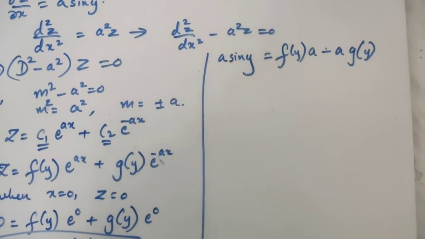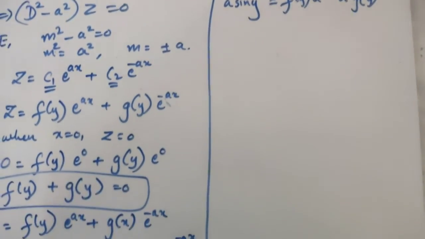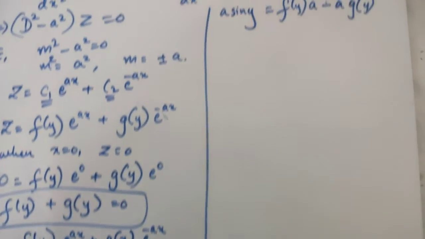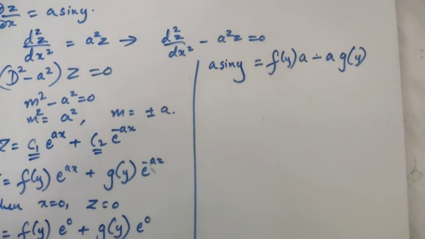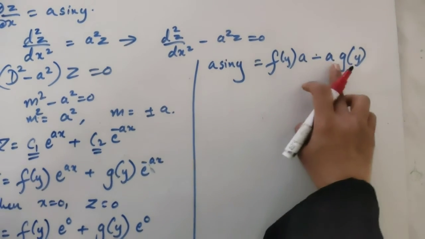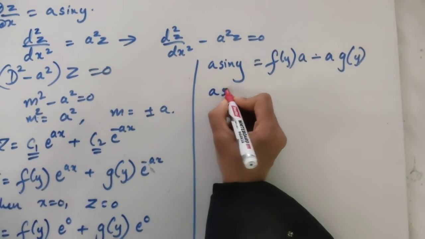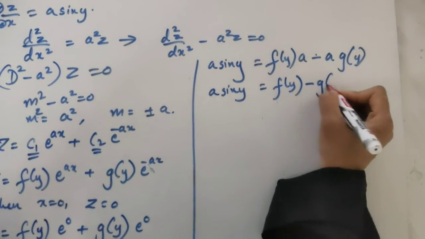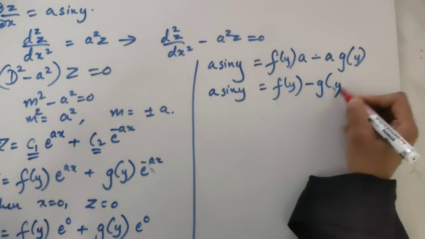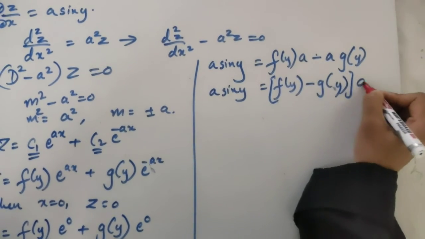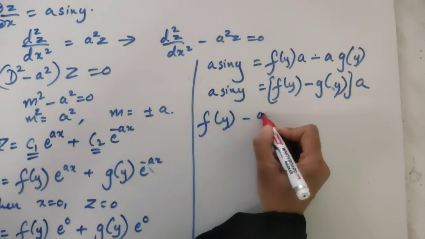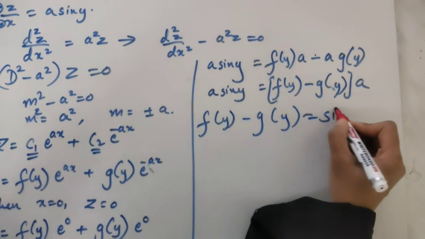Sorry, here it should be g of y. Make a note, I had written x. Now e to the power 0 and e to the power minus 0 are both 1. A is constant, take it outside. So a sine y is equal to a times f of y minus g of y. A gets cancelled. So you get the equation finally as f of y minus g of y is equal to sine y.